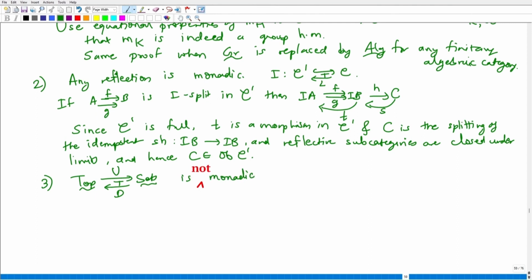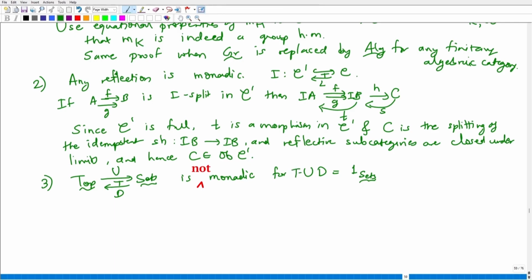This is not monadic because what will be UD? UD will be just 1 sub Sets, the identity. You take any set, give it the discrete topology, forget about the topology, and you get back the set.